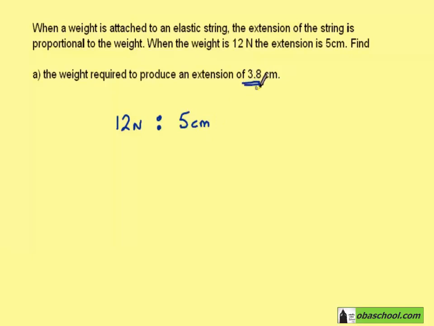We want 3.8 centimeters. Start with 1 centimeter. Dividing both sides by 5, 12 divided by 5 newtons is 1 centimeter. Then multiply both sides by 3.8. 3.8 times 12 divided by 5 newtons is equivalent to 3.8 centimeters.